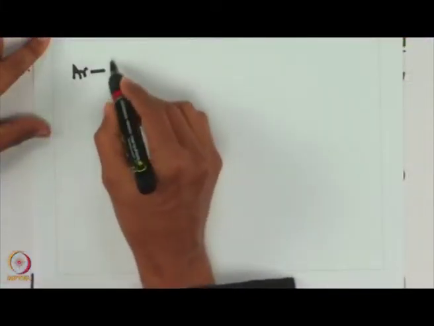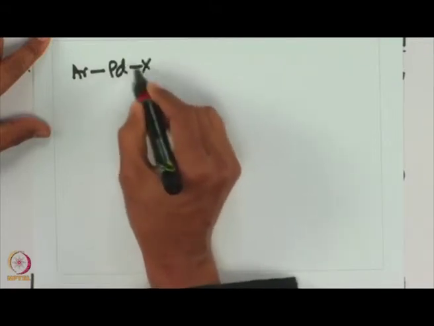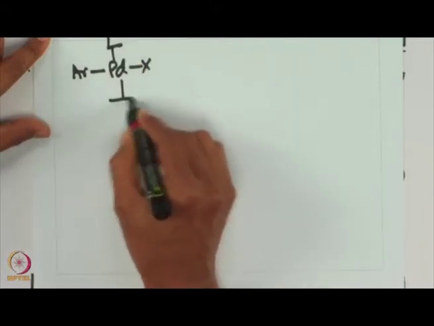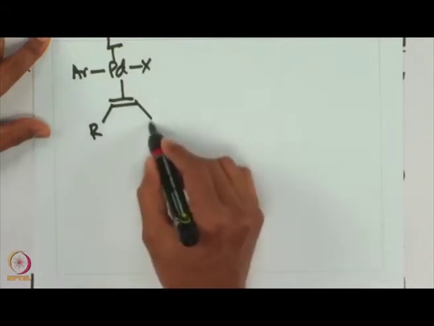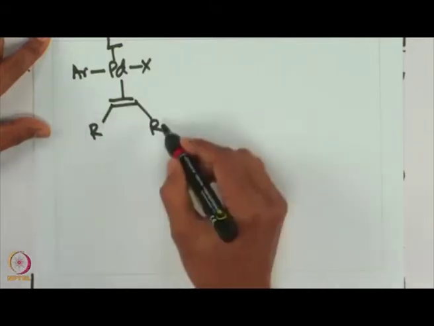So, acyclic disubstituted olefins we are going to draw. So, it is going to be aryl palladium X substituent and L. It is reacting or interacting with two substituent, let us say R and R, two different substituent.